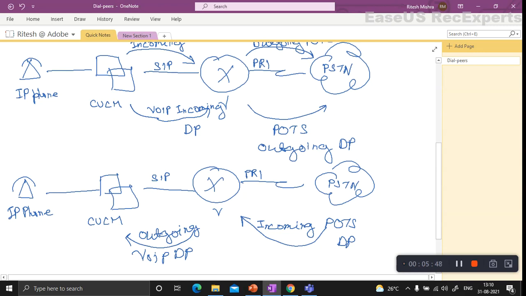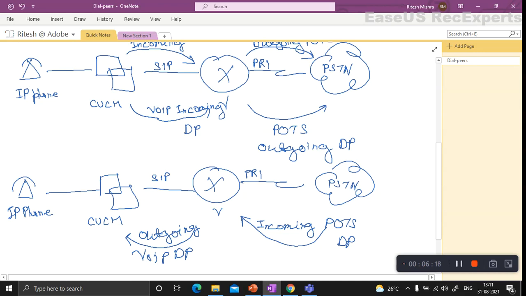If a call is coming from the call manager side, you will need an incoming VoIP dial pair, right? If you are sending a call from call manager to the voice gateway, where you are receiving a call from call manager to voice gateway, you will need an incoming VoIP dial pair, and sending the call from voice gateway to the provider, you will need an outgoing POTS dial pair, right?